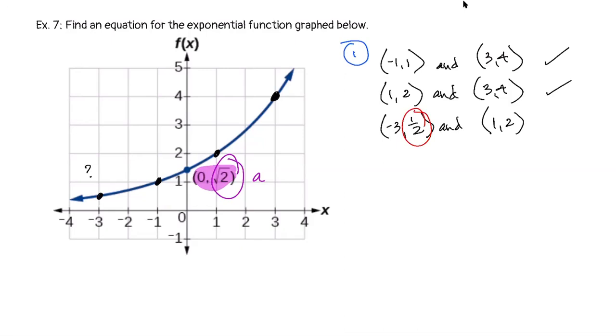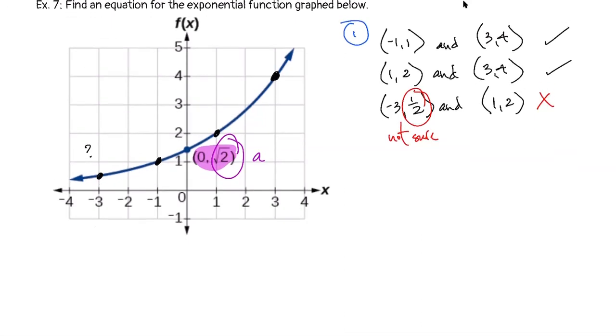Does that make sense? So I would maybe not use this one because I'm not sure if that graph is exactly crossing at 1 half, okay? But if this were me and I was looking to minimize the amount of work that I'm doing, I would actually use 0, comma root 2 and any of the other points that they give me, okay?